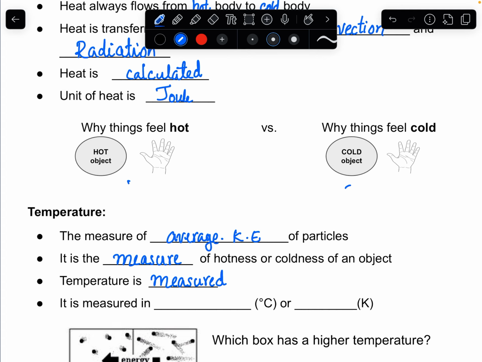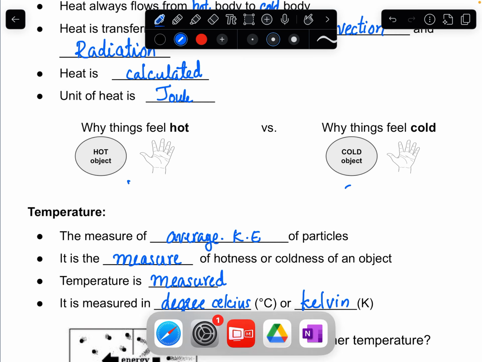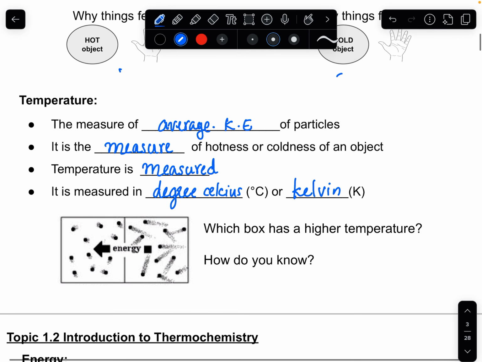We use Fahrenheit as a unit, but in the metric system, the only two units we use are degrees Celsius, which we already learned in gas laws, or Kelvin. Usually you will see more degrees Celsius in this unit. In gas laws we converted everything into Kelvin. You know the reason why we did that.